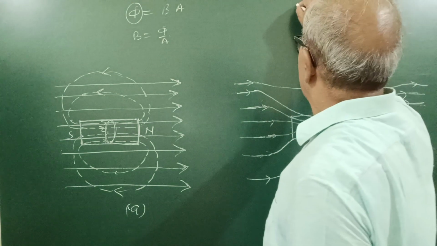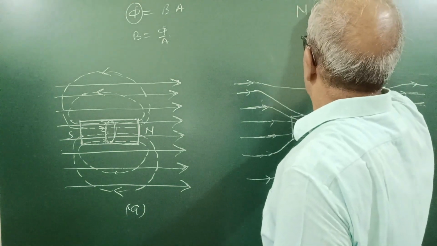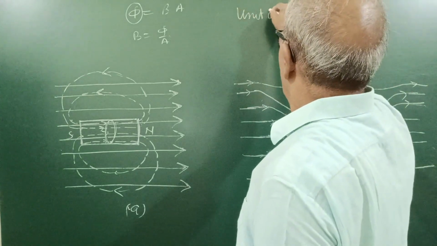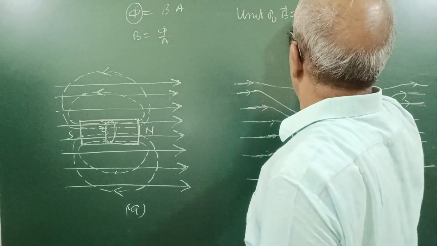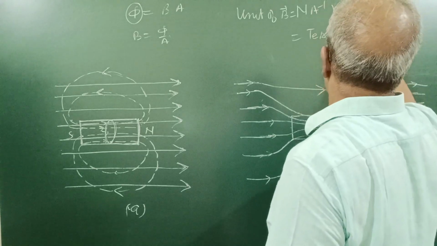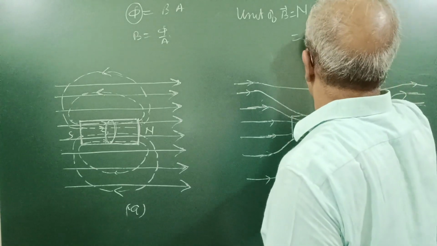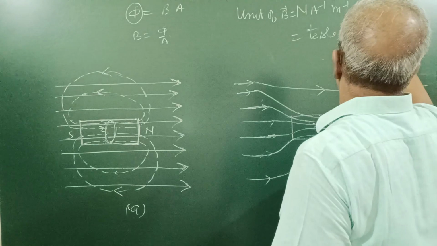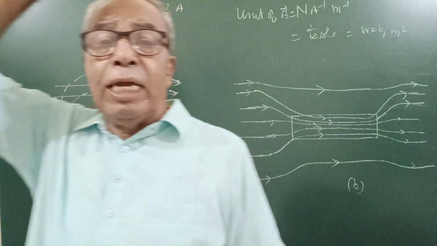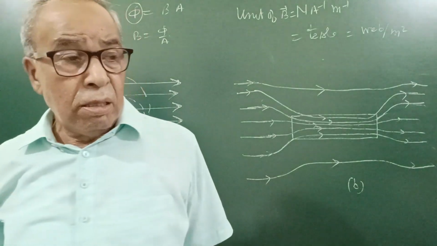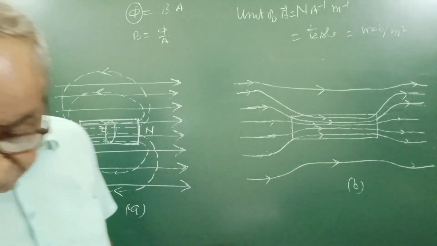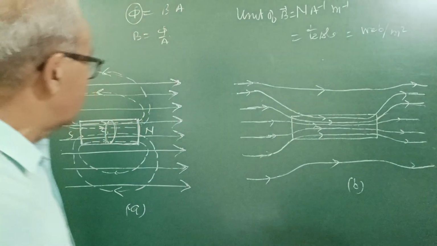Its unit is Newton per ampere per meter. The unit of vector B is Tesla, or Weber per meter square, the same unit which we have learned. In the case of a current carrying conductor, the field was induced by passing current through the conductor. If we don't pass current, no field is there.